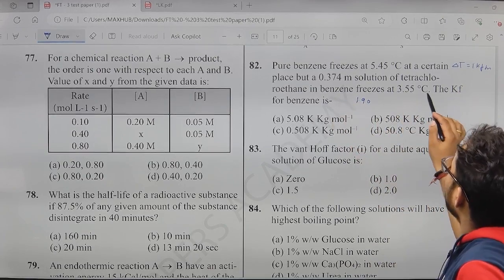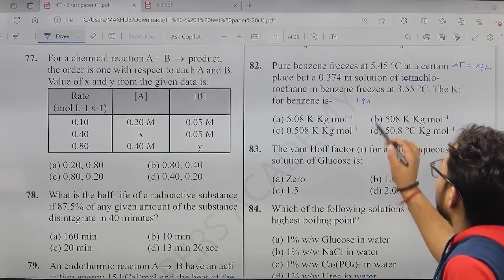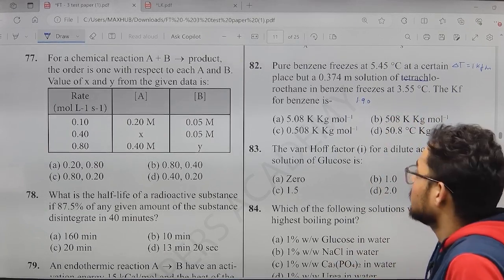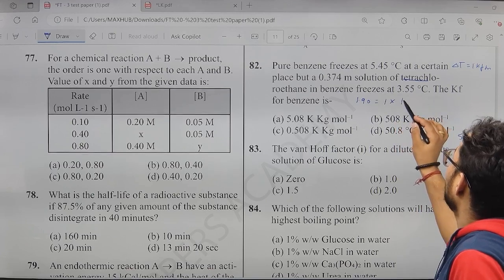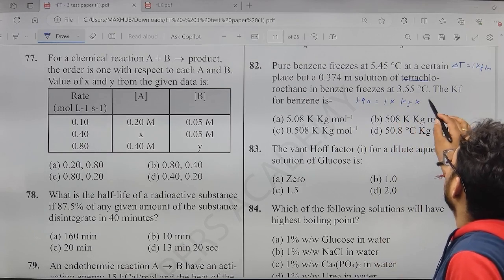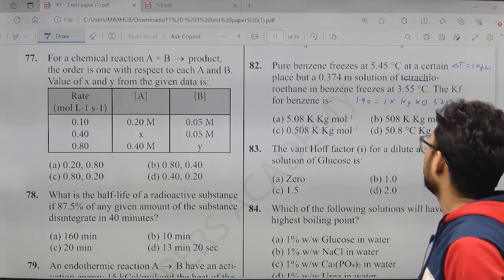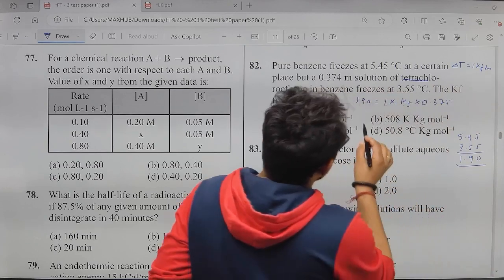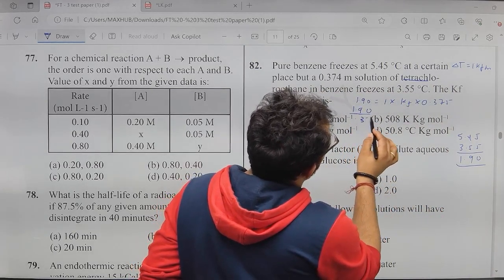Benzene freezes at tetrachloro, CCl4, tetrachloroethane, it is not methane. Okay, i will be 1, Kf we will have to find, m is given as 0.375. So what is there? 1.90 upon 0.375.